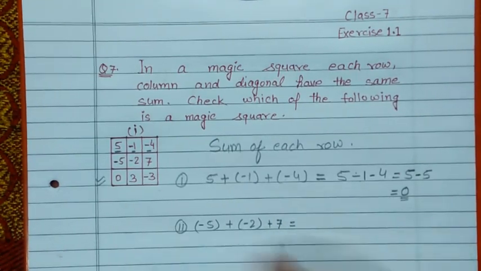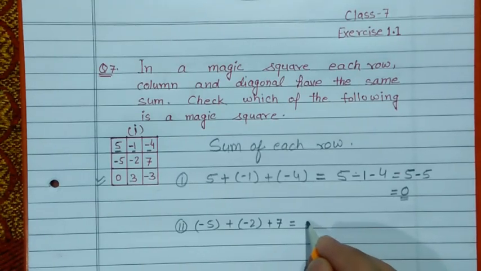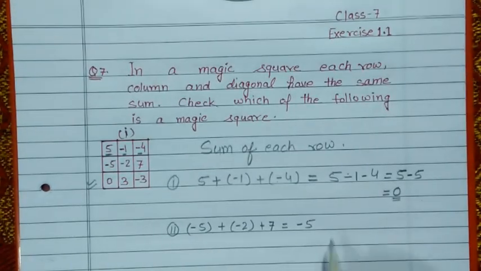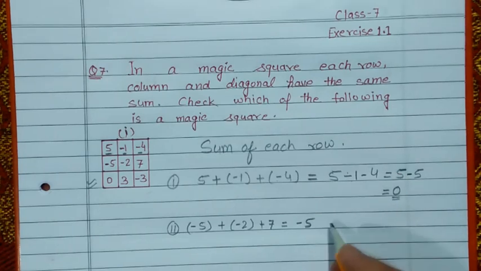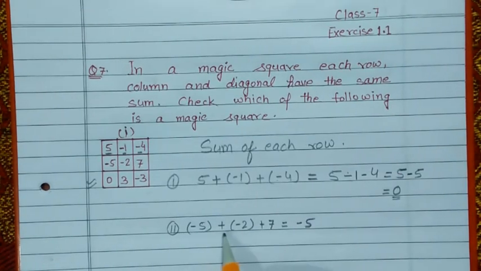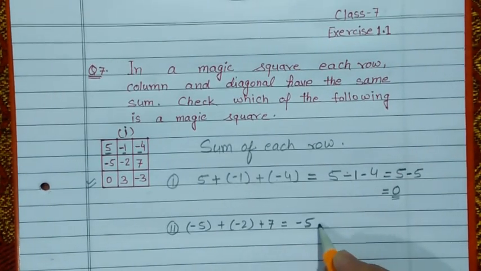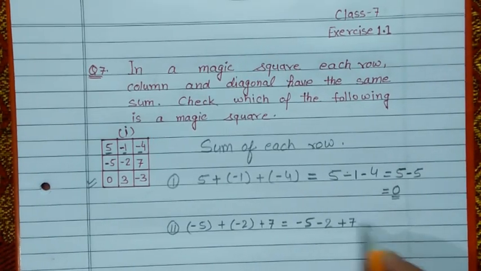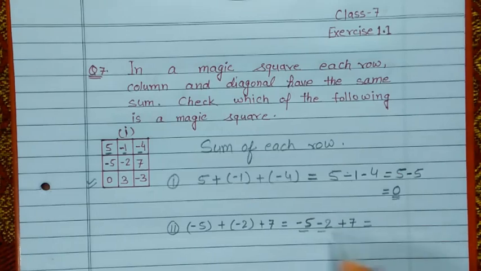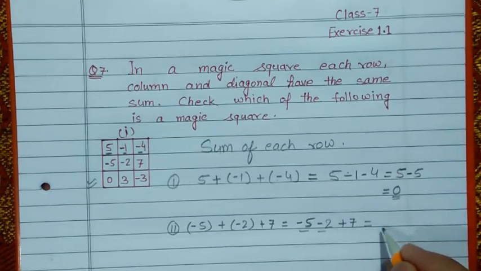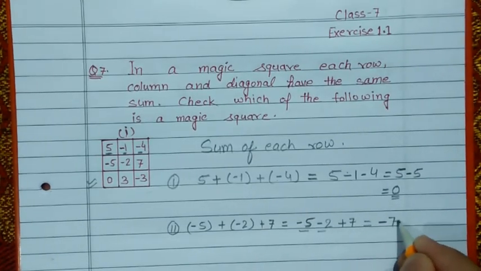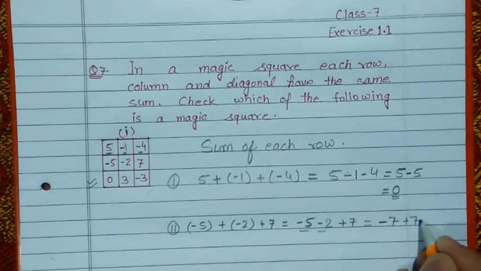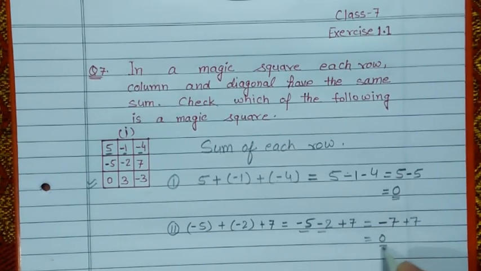When we add these, we get here -5. When we simplify it, this plus minus becomes -2 and this is +7. The minus minus will be added, sign will be applied negative. So -7 plus 7, again we got 0.